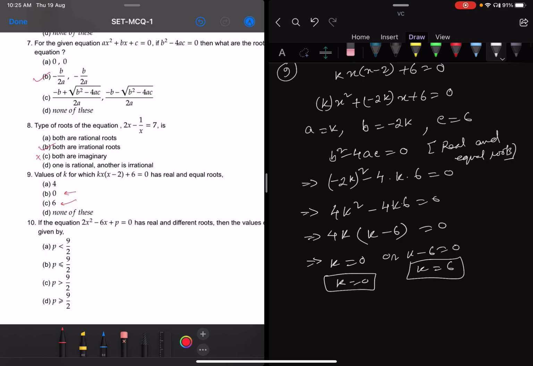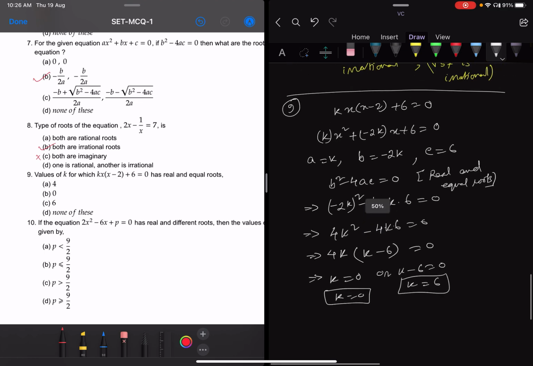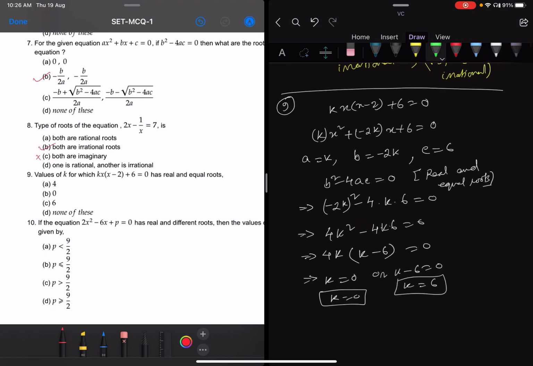Now what answer should we mark? We have to see the question again. Here the coefficient of x squared after multiplying it is k. Now if k is 0, then is it a quadratic equation?